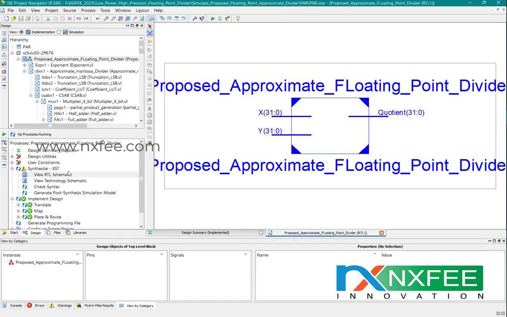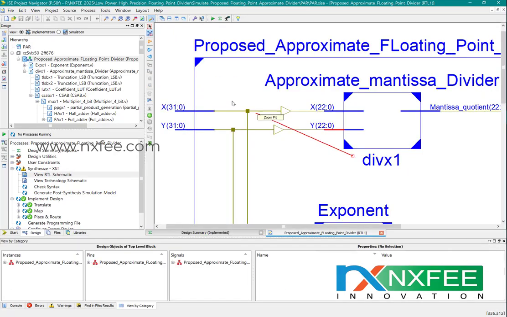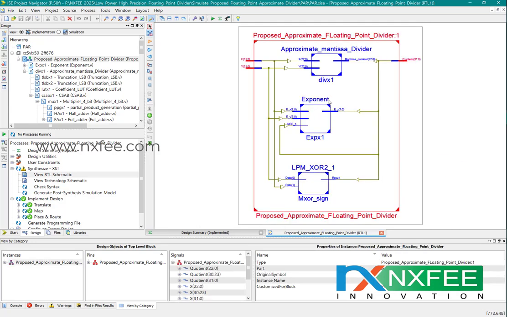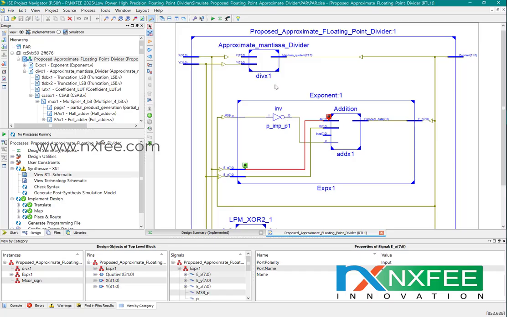Okay, so here we can verify the RTL schematic. This is the RTL schematic for this floating point division method. Here the x input and y input are given. Here we have 3 modules: one is the XOR operation for sign computation, then exponent addition, and mantissa.